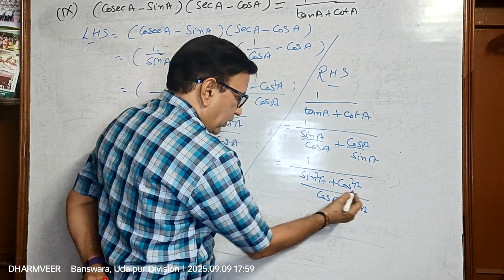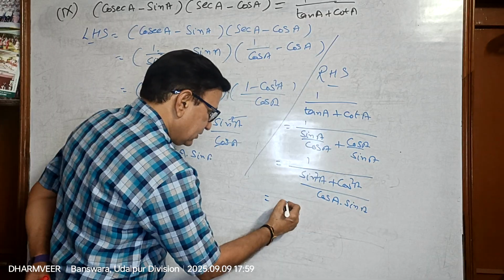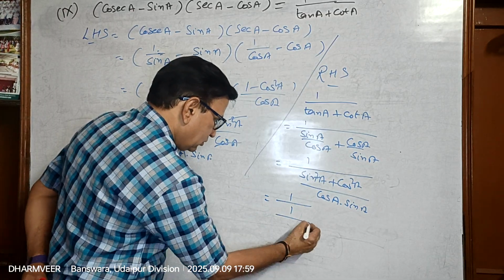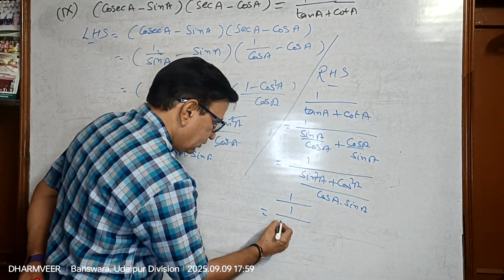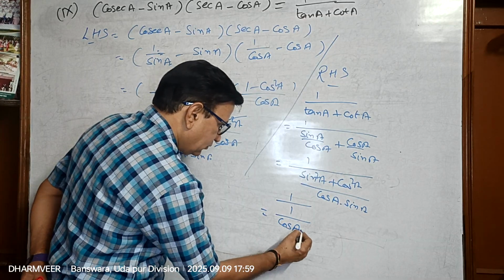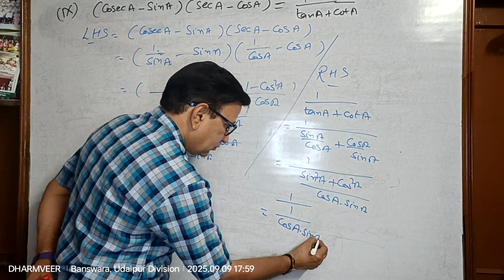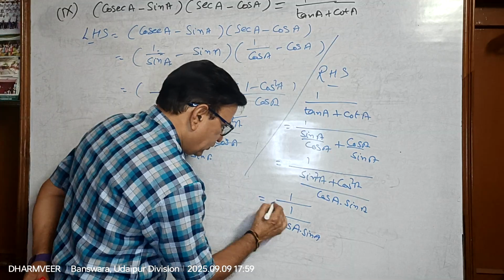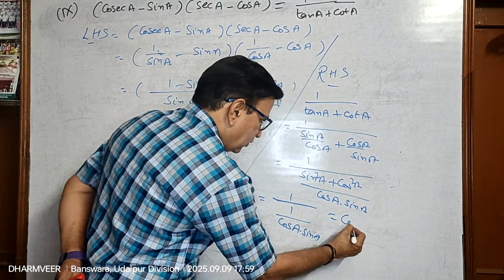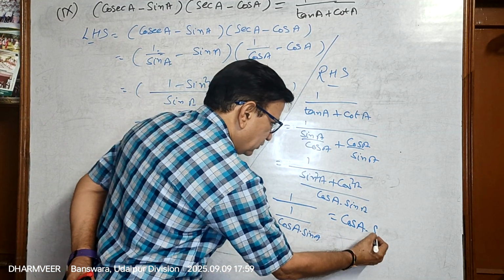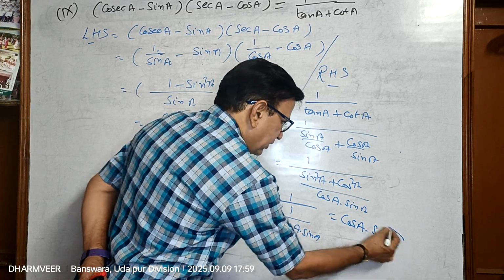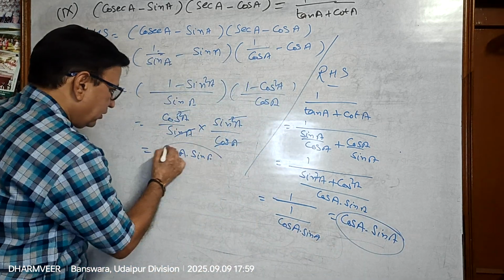So cos square plus sin square is 1. So 1 upon 1 upon cos a dot sin a. It becomes 1 upon cos a into sin a. And this way we are getting both sides equal.